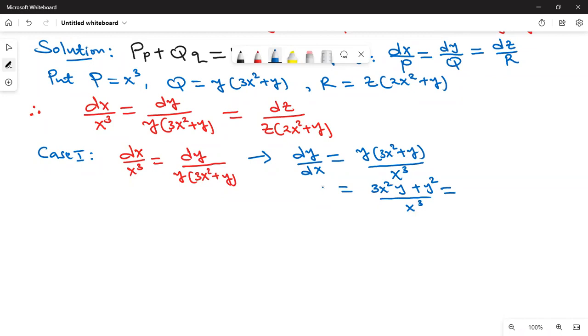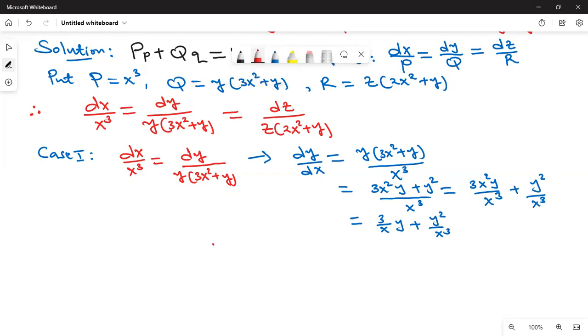This can also be written as 3x squared y over x cubed plus y squared over x cubed. And when you simplify, you're going to get 3 over x times y plus y squared over x cubed. And so we can now rearrange.